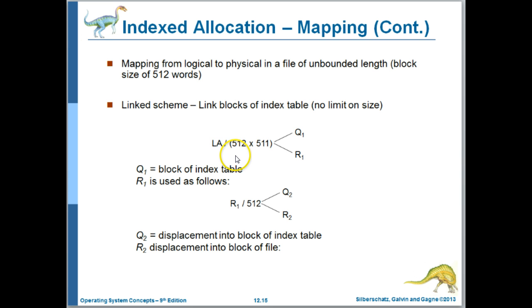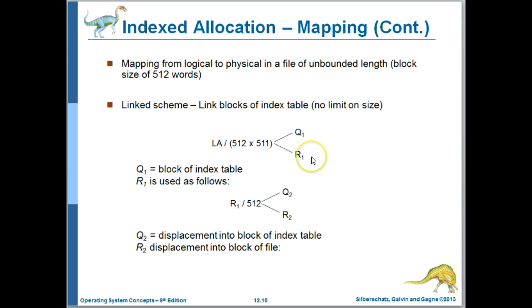So the divisor here is 512 bytes, because that's the size of a data block, times 511, which is the number of block pointers within a single index block. So this quotient gives us the linked index block that we want.